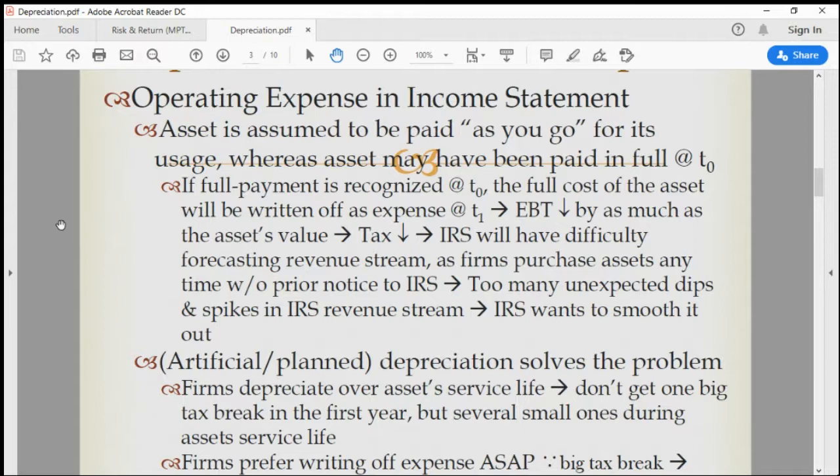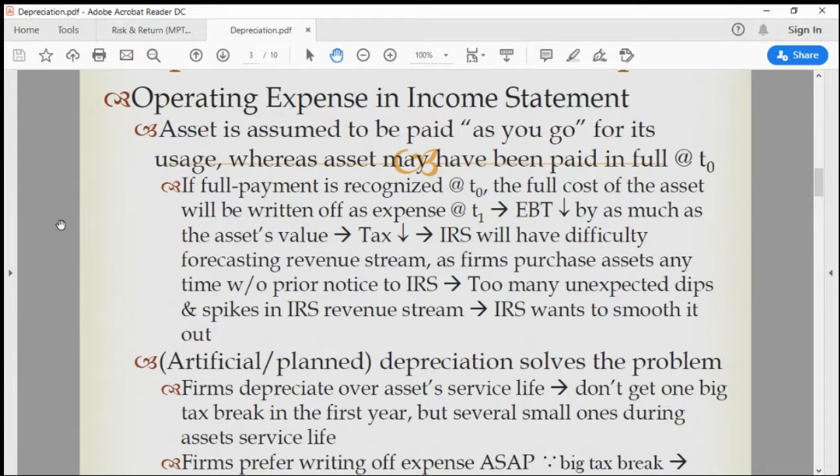So the IRS has no idea what big ticket capital purchases hundreds of thousands of businesses have planned, without prior knowledge of what their expense write-offs will be.